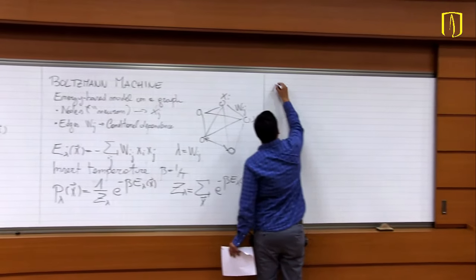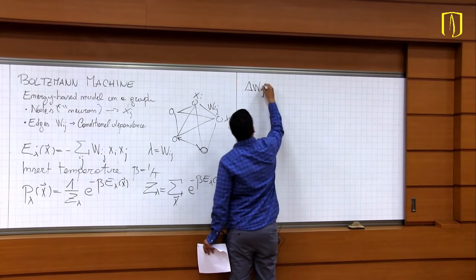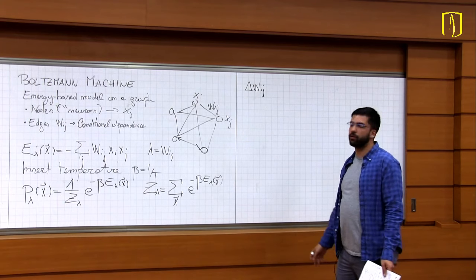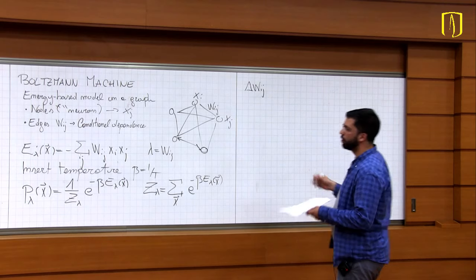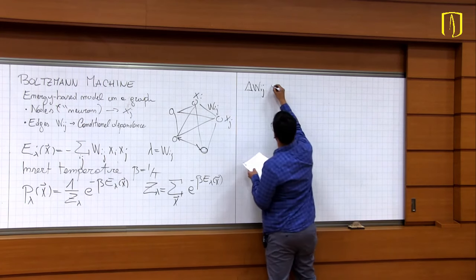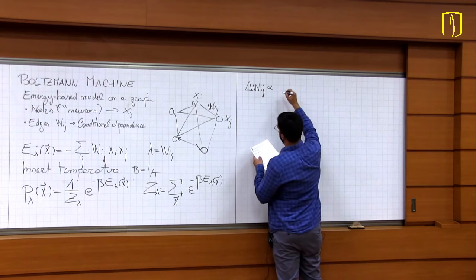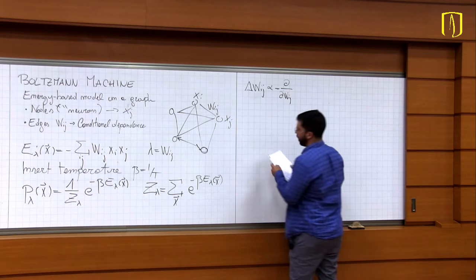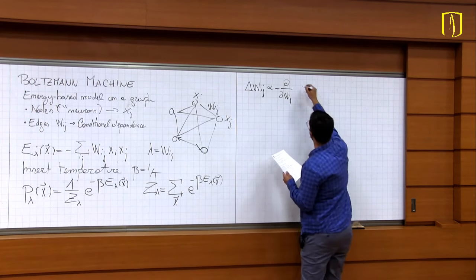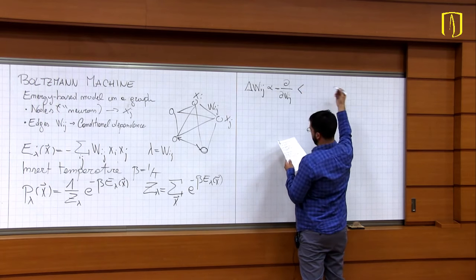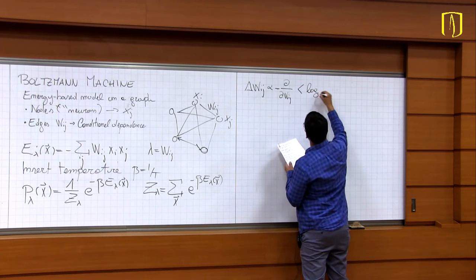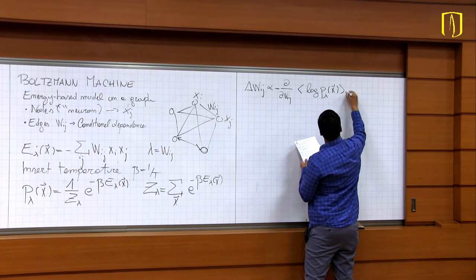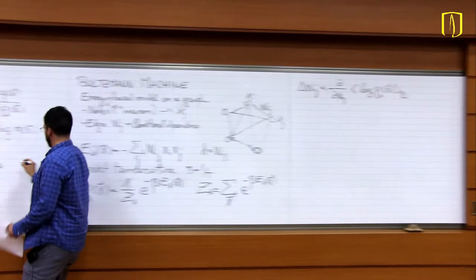So I'm asking, what's the change in the interaction that we have to make to increase the likelihood, or decrease the negative likelihood, of the model? This is proportional, with eta the learning rate, to minus the derivative with respect to w_ij of the cost function, which is just the average of the log probability of x with respect to the data.